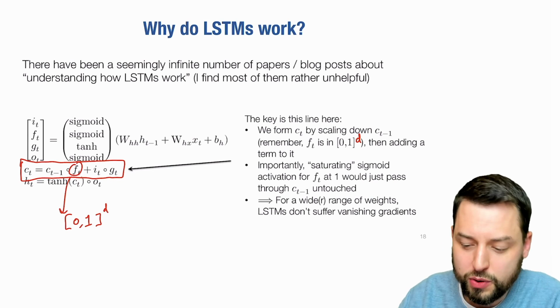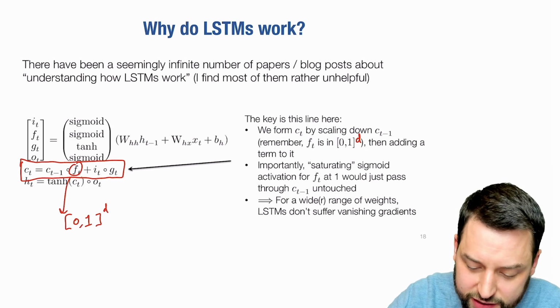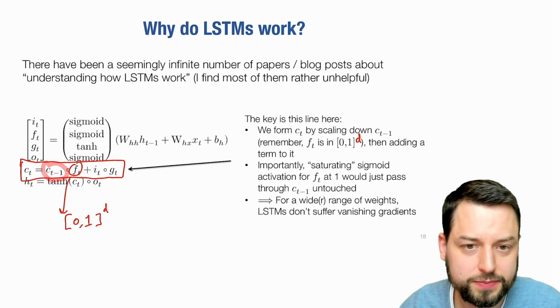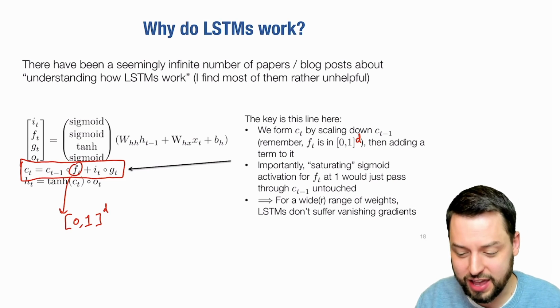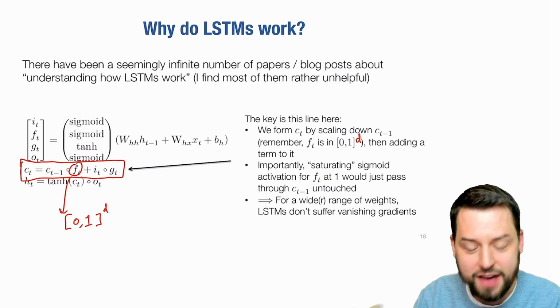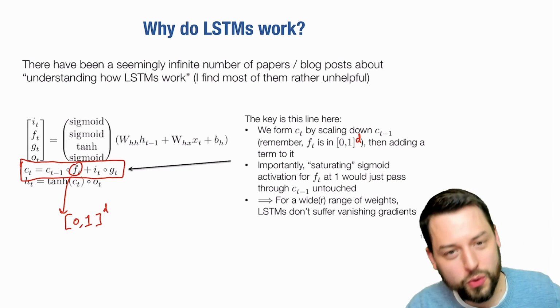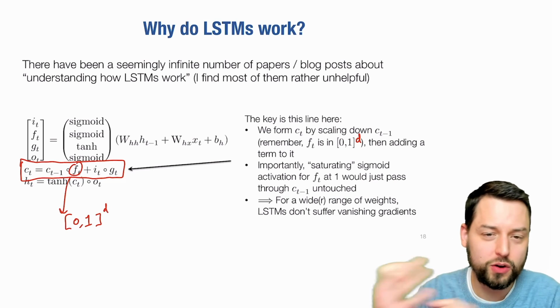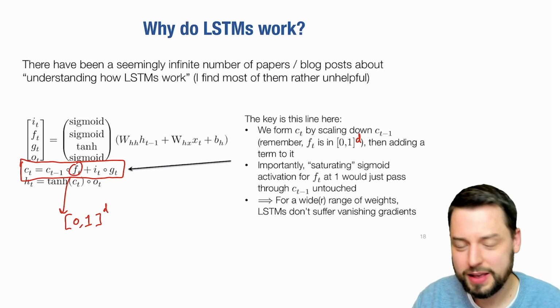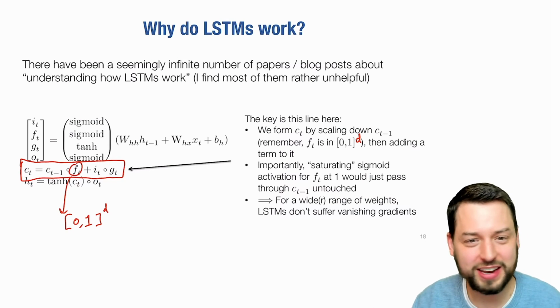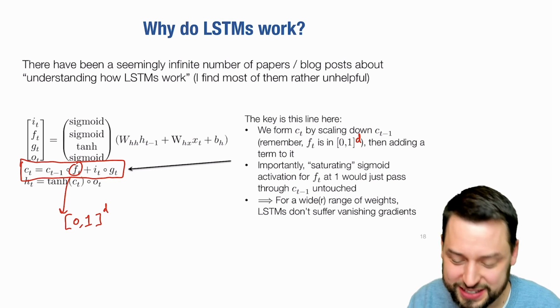And what that means is it's going to take the previous cell state and scale it down, or keep it the same. So it can do anything. If ft is all zeros, it will ignore entirely the past cell state, or if ft is all ones, it'll remember entirely the past cell state. This is maybe why it's called the forget gate. It determines how much you forget the past cell state.